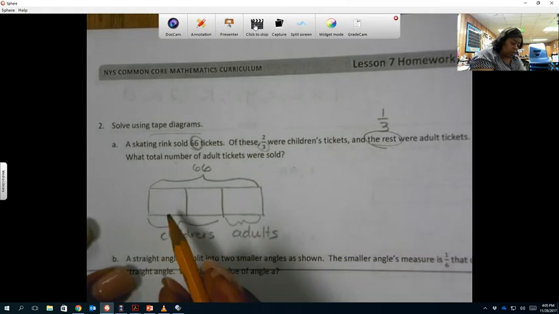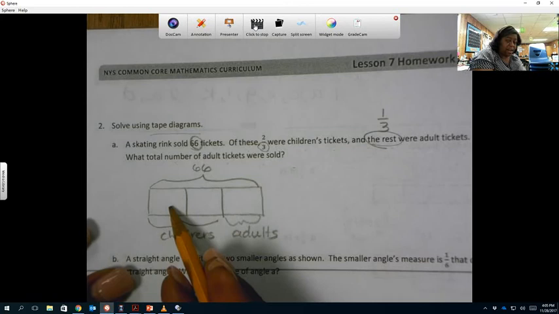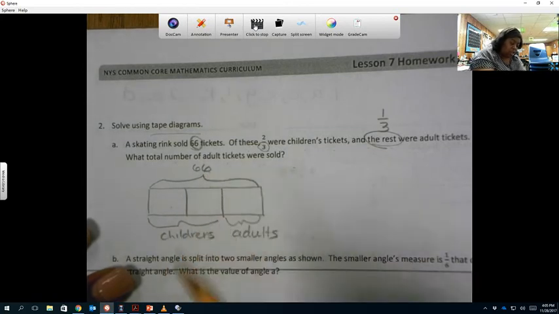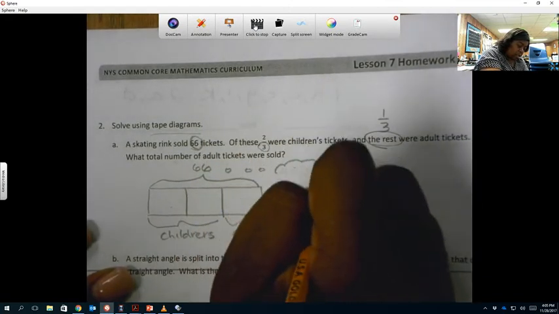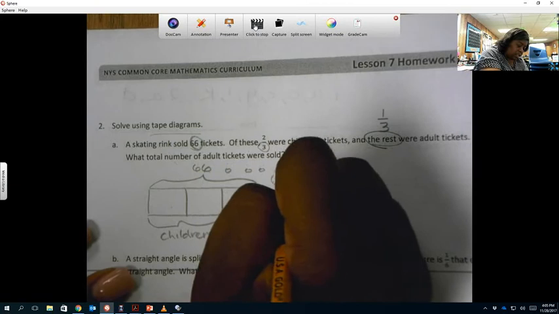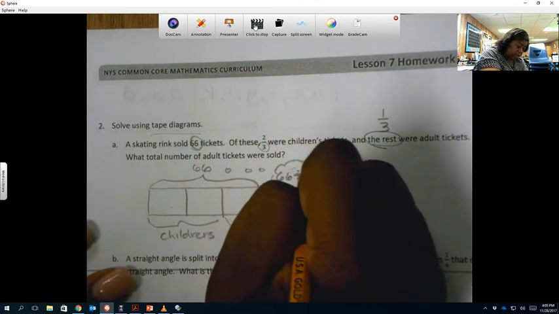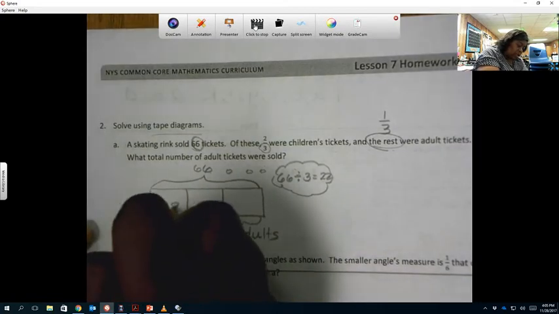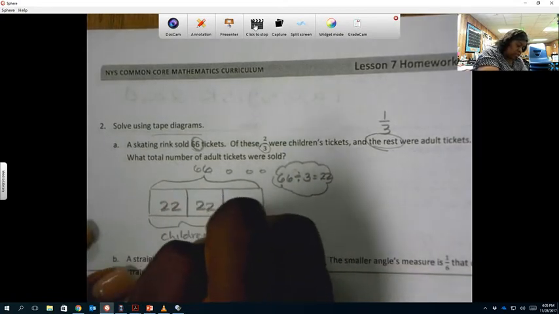So what am I going to think? How am I going to find 1 unit? I know I have 66 total, so I should be thinking 66 divided by 3 equals 22. So each one of these is 22.